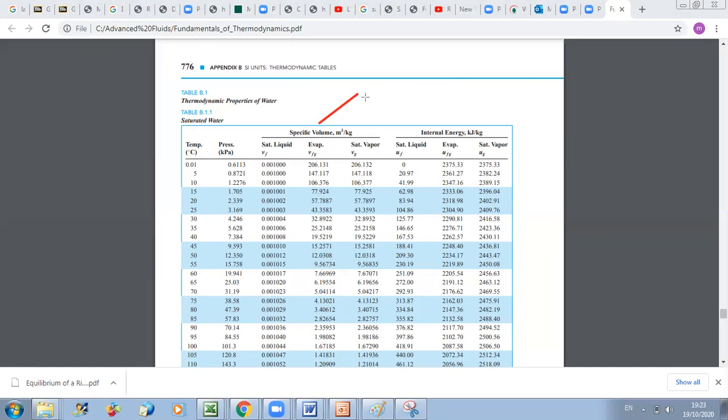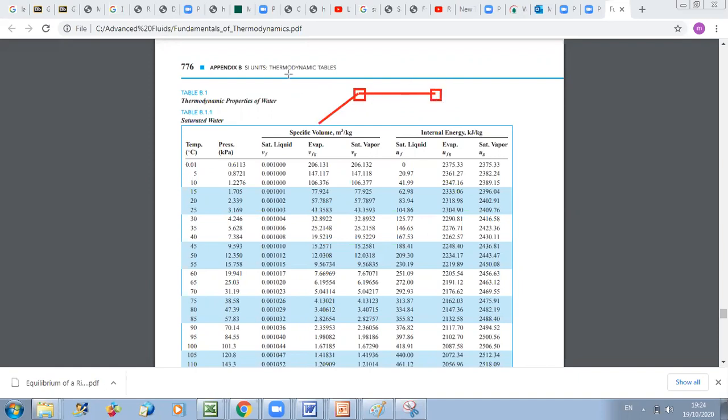So when you reach the evaporation temperature, you will have a change of phase from liquid to vapor. During the change of phase, you maintain a certain constant temperature until reaching what we call the saturated vapor state. So you have two saturated states: this is the saturated liquid state, and this is the saturated vapor state.